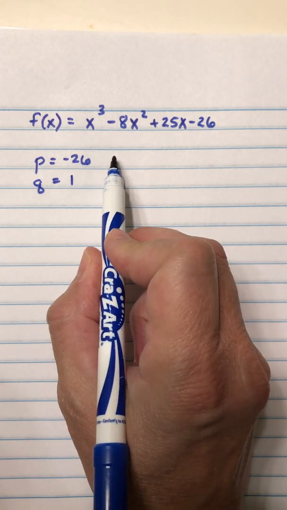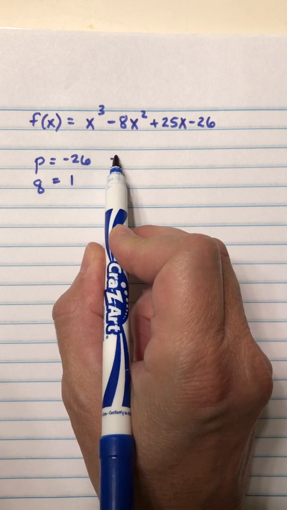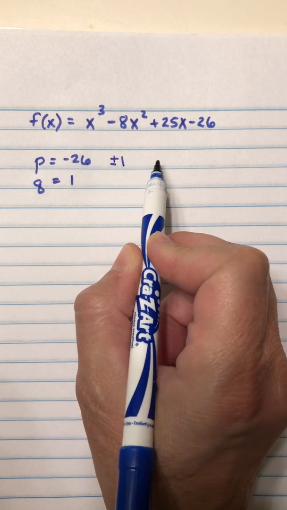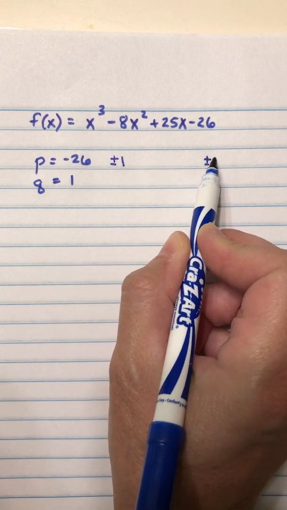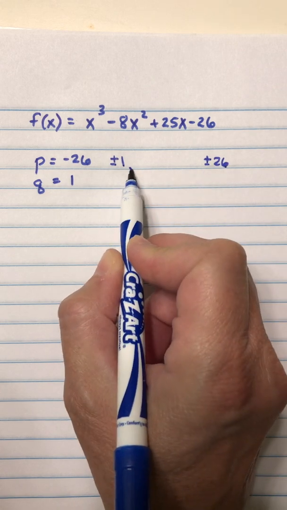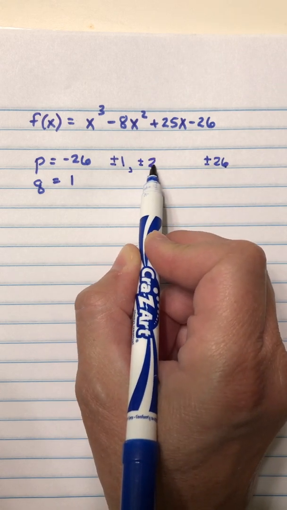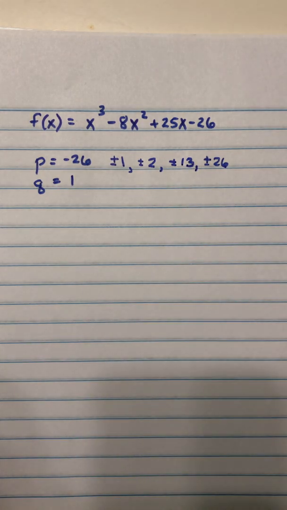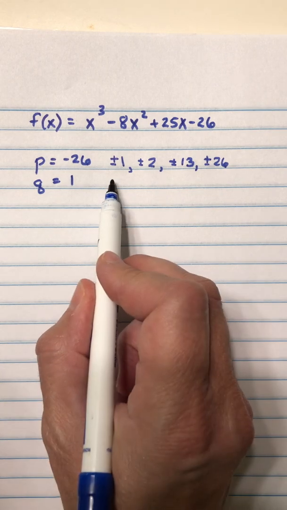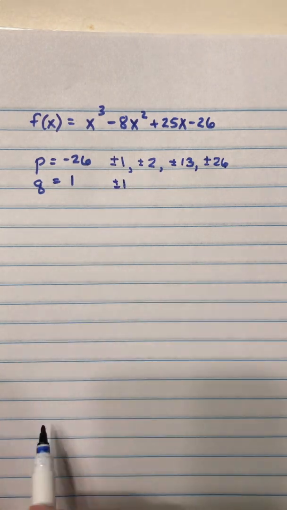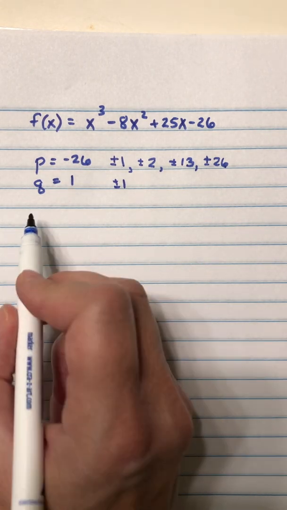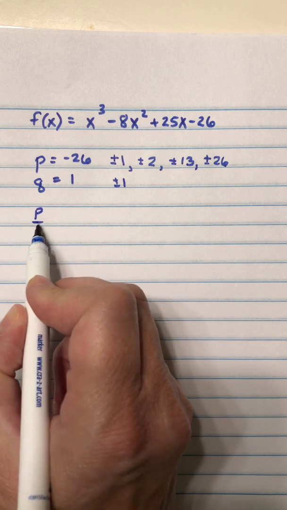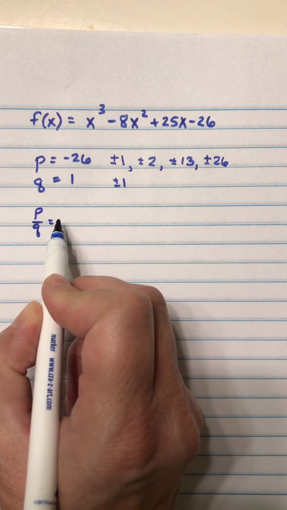Then we'll do factors of each one. So to make 26, I can multiply 1 times 26. I can multiply 2 times 13. And that's all. To make 1, just 1 times 1. So now we're going to make fractions, p over q.